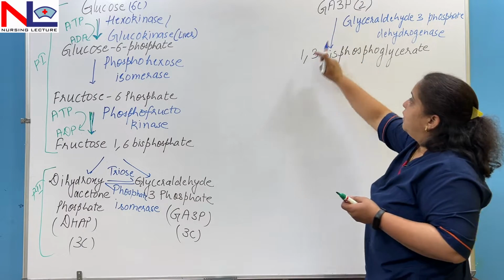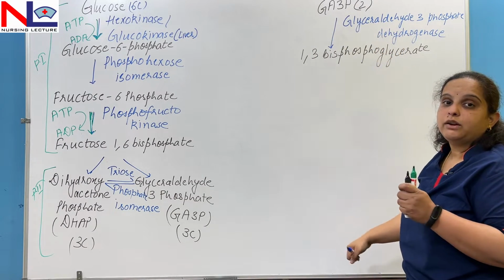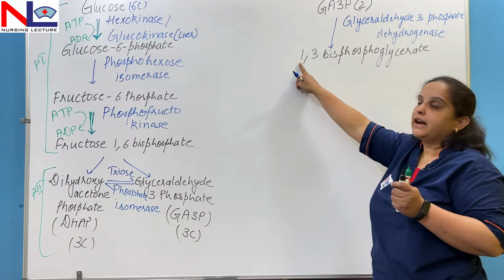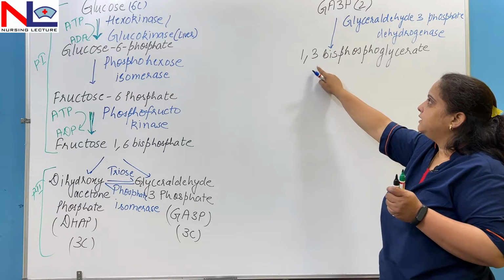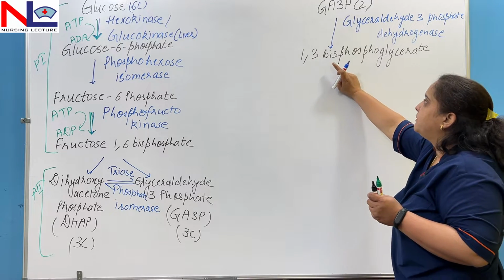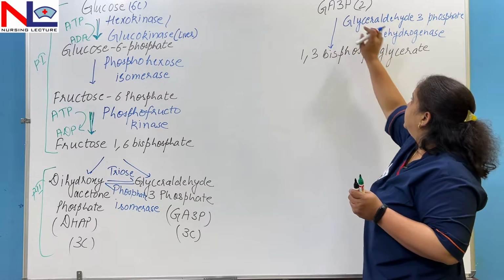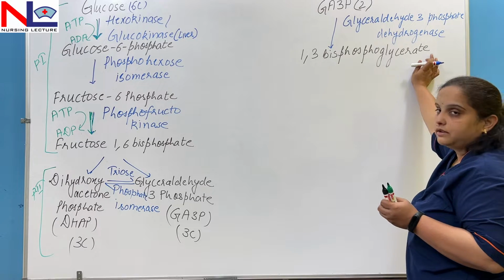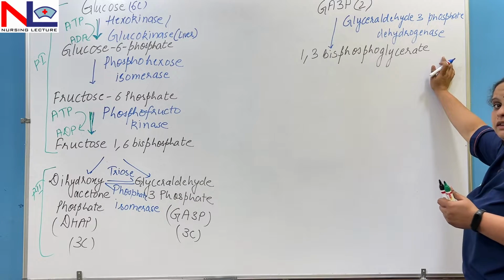So 1,3 means here you can see there is already one phosphate group on carbon 3. So one more phosphate is adding on carbon 1. So there are 2 phosphates on carbon 1 and 3, and there is a gap between these 2 carbons. So thereby it is bis. So 1,3-bisphospho and 3 carbons, that's why it is glycerate. So this reaction is catalyzed by the enzyme glyceraldehyde 3-phosphate dehydrogenase.